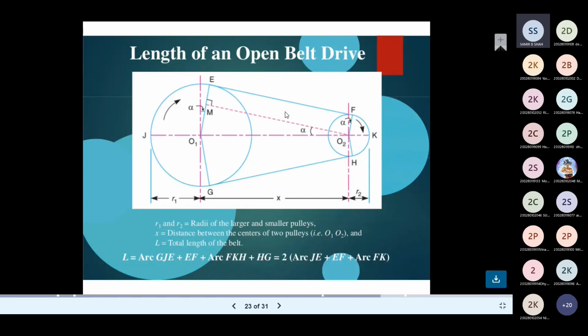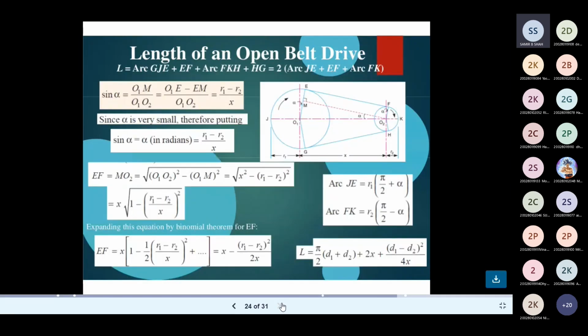This length and this length are also equal, so in place of HG we put twice EF, and FK and KH are also equal, so twice FK. So L is twice arc JE plus EF plus arc FK. This is the length of the open belt drive.